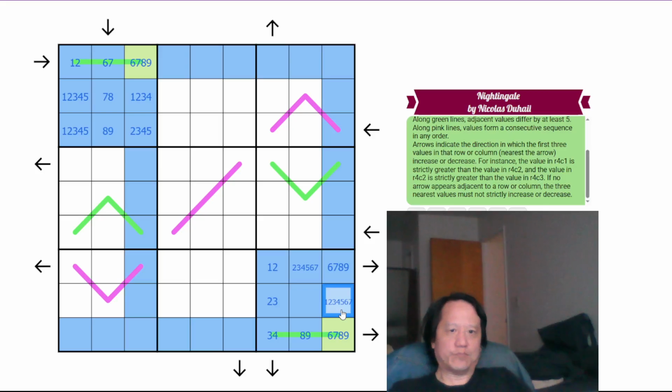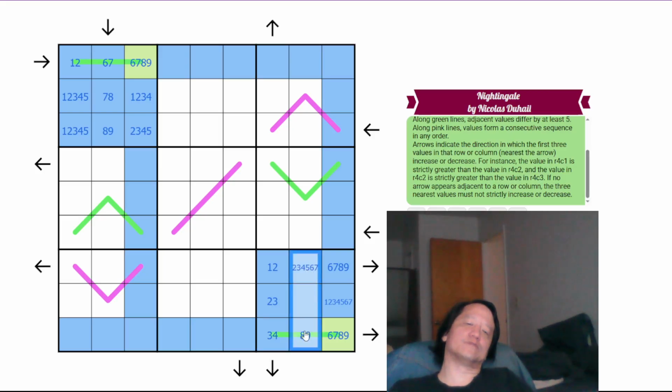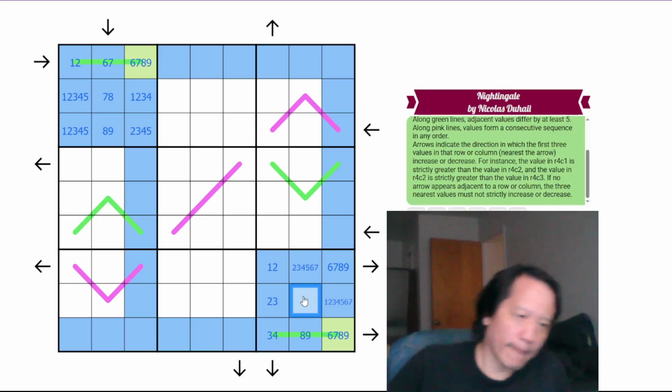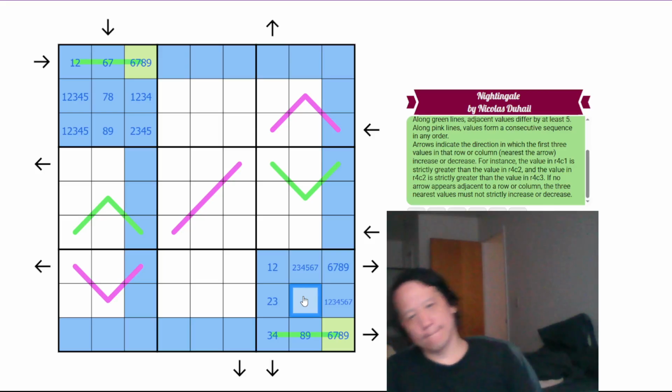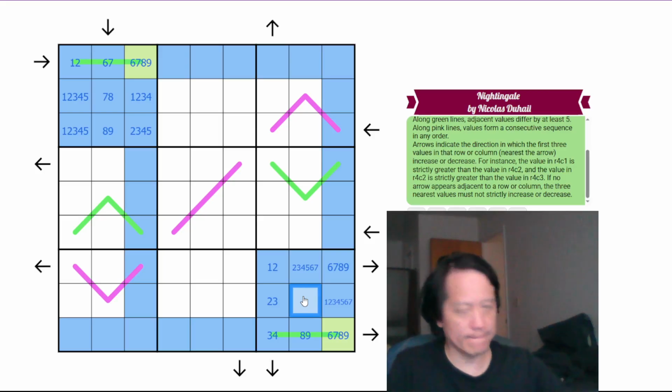So we know this is greater than this, which is greater than that. This is greater than that, which is less than that. This is less than that, which is less than that. Don't know this relationship or this one right now.